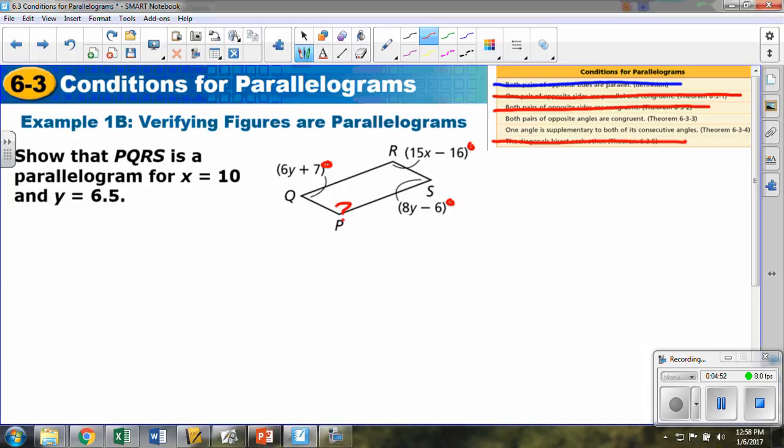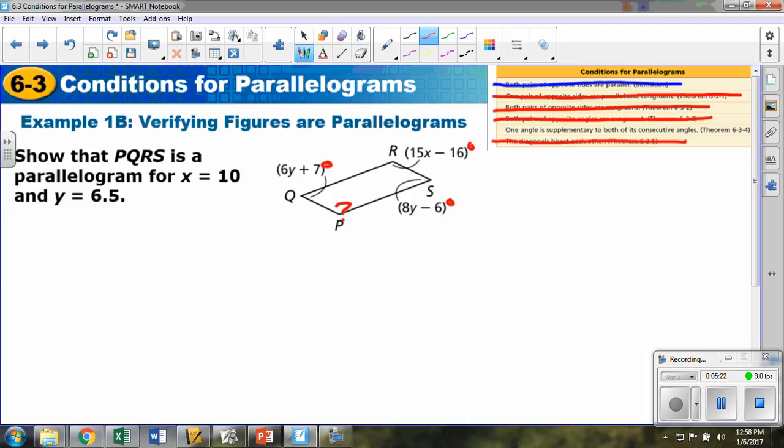There's absolutely no information being given about angle P at all. So if we have no information, I don't think, just intuition-wise, that we're going to be able to use two pairs of opposites. So just by running through the picture and examining our list, we can pick the strategy that we're going to wind up using. We need to show that there's one angle that's supplementary to two other ones.